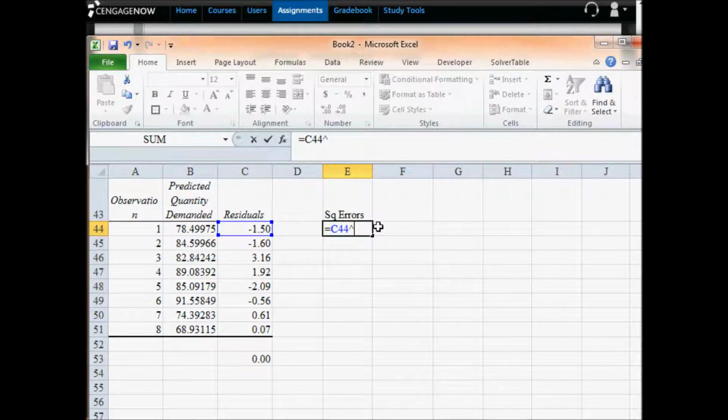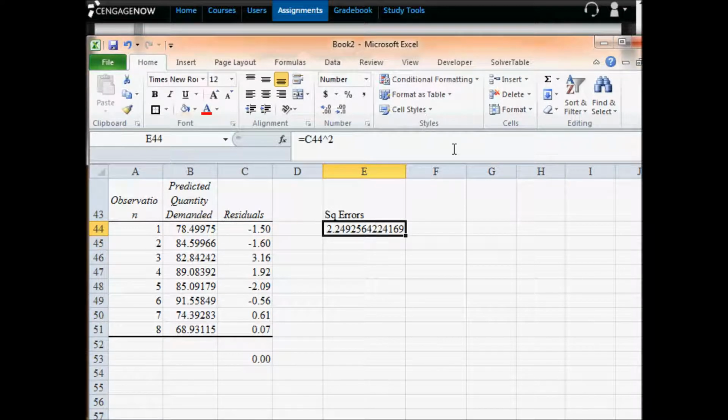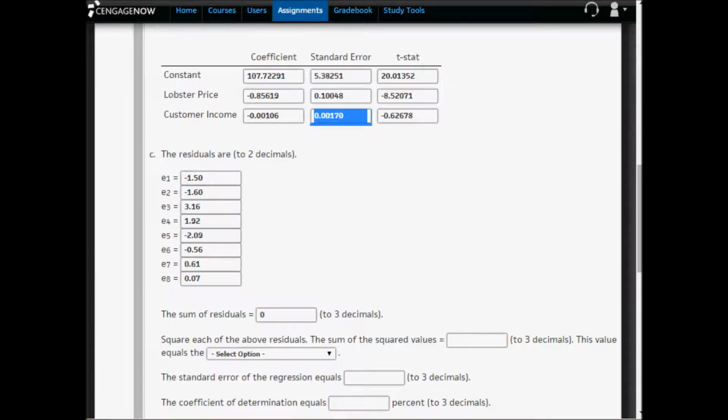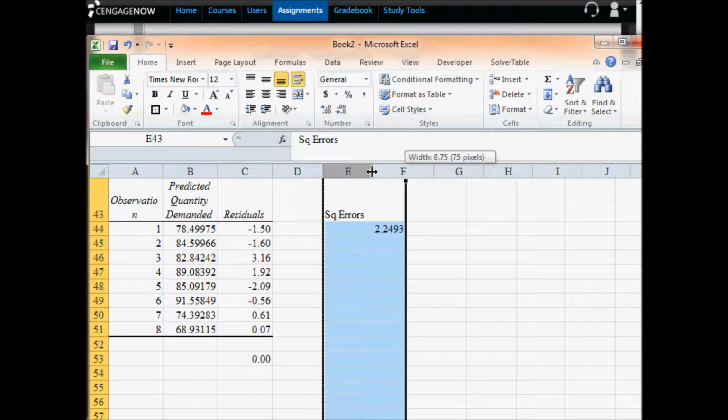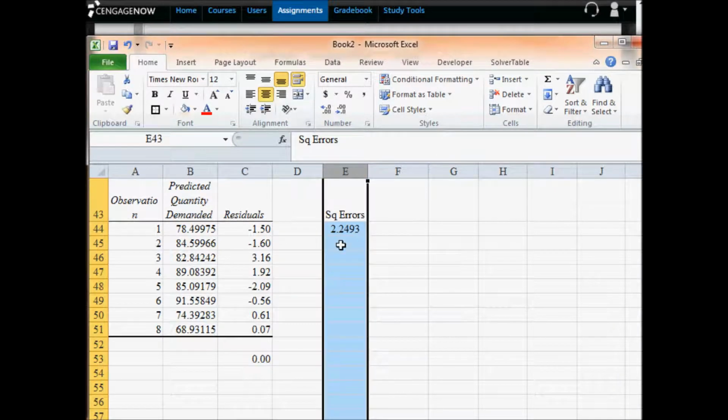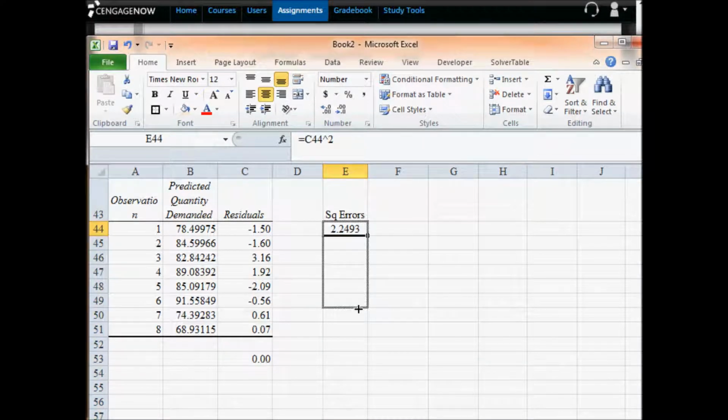And then hit Shift 6, which gives us what we call a caret. That caret says raise C44 to the second power. So the residual here is now squared. I'm going to reduce the number of decimal places. And then to get the rest of the squared errors, I just grab that bottom corner and pull it down.